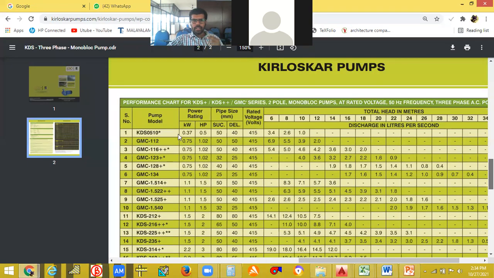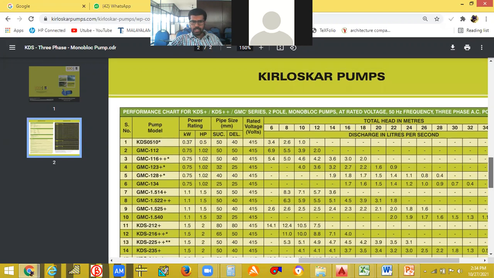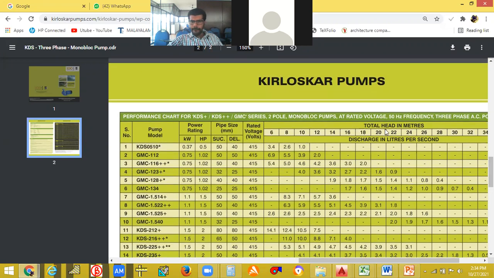So this is the total head, how much meter height that you have to pump. If it is at least a 10-meter height, you can choose this 0.5 HP. You can see here the height is given, okay, 6, 8, 10, 12, it goes like that.